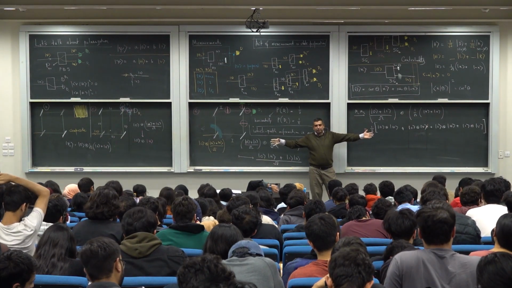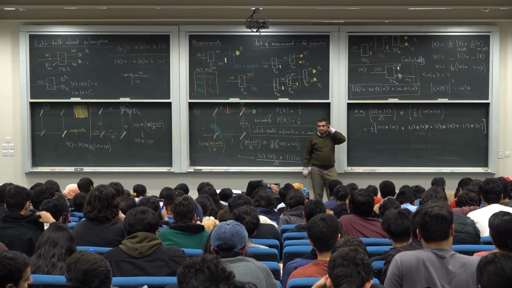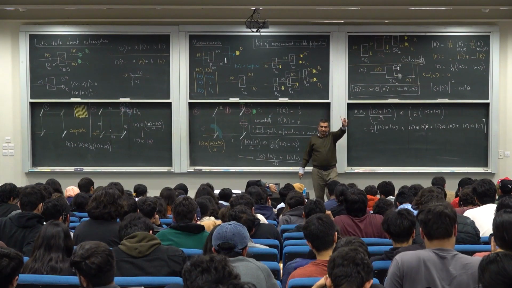I've just expanded the dot product. It's a linear operation. Is this state normalized? Yes, it is. The square of this is 1/4, 4 times gives me 1.